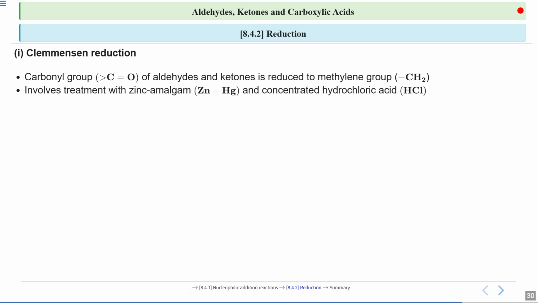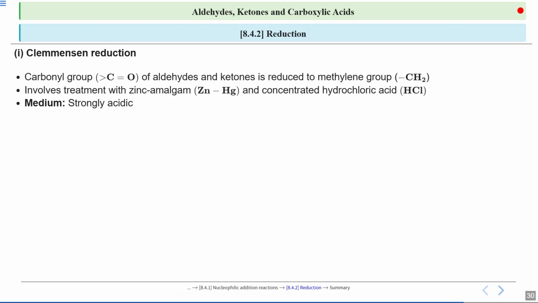Now, to perform this Clemmensen reduction, we use zinc amalgam, in which zinc is mixed with mercury, and concentrated hydrochloric acid. This combination creates a strongly acidic environment, which is necessary for the reaction to proceed. So the reaction medium is strongly acidic, which is crucial for the Clemmensen reduction to work effectively.